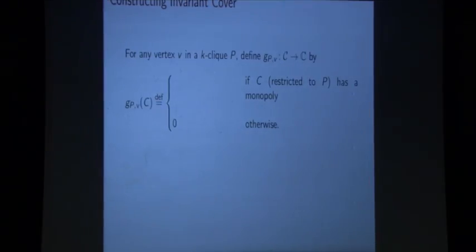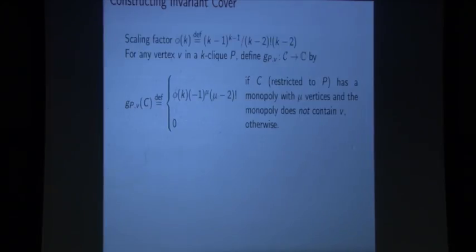If it has a monopoly with mu vertices, and the monopoly does not contain V, then this is the support of the vector script C, and it will be a certain combinatorial expression with a certain scaling factor. If we set things up this way, this vector will be an invariant cover, in other words UV invariant.